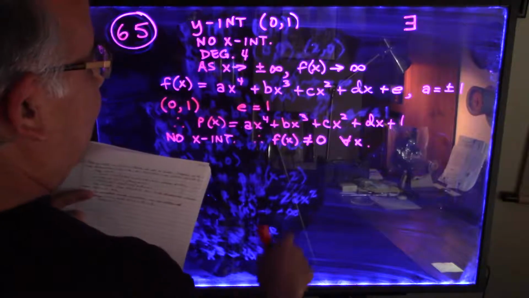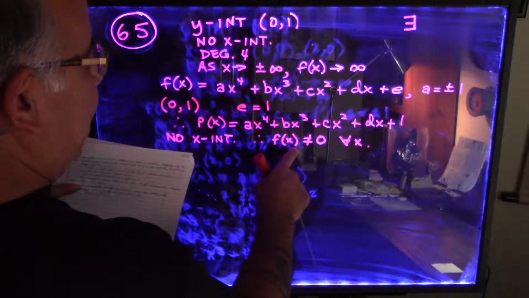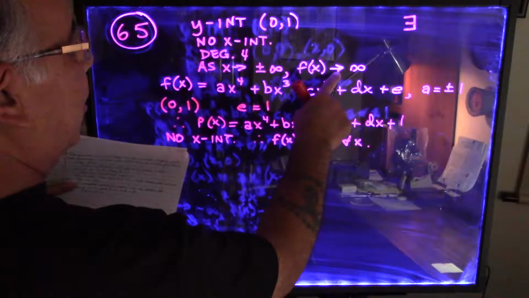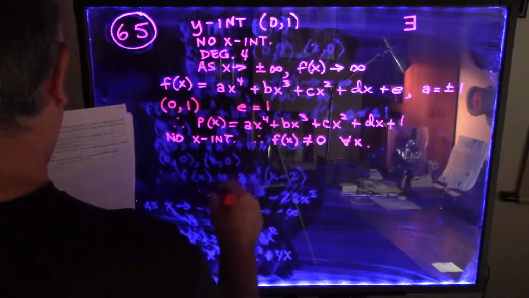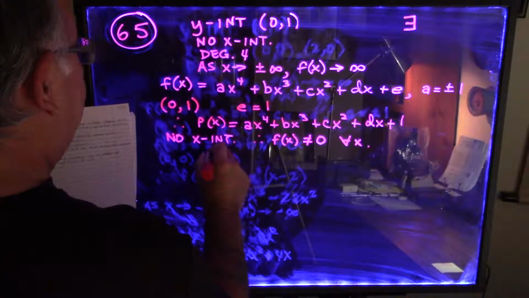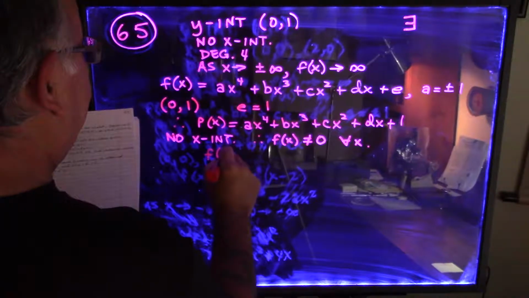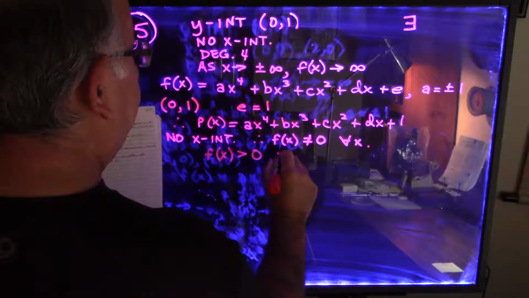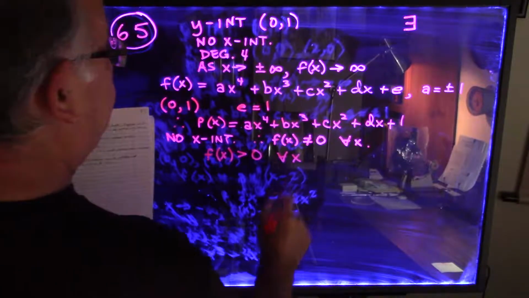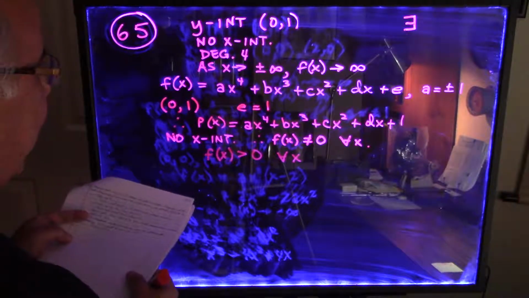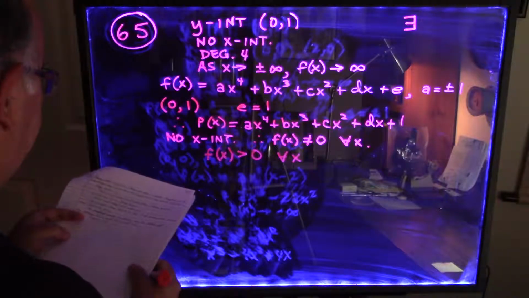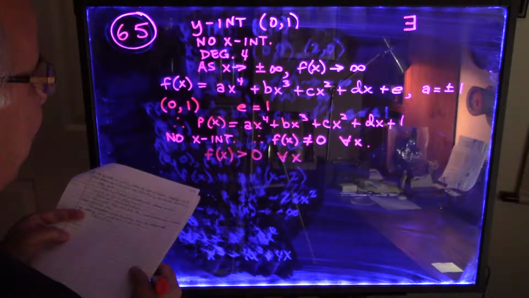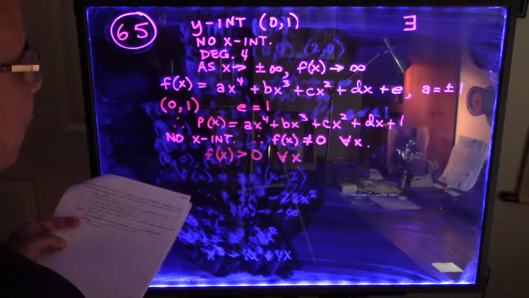So if f of x is never equal to 0, it never touches the x-axis, and it approaches positive infinity, then f of x must be greater than 0, or positive, for all x. So that's about all we can tell from the information they gave us.